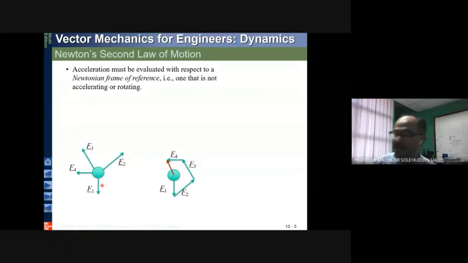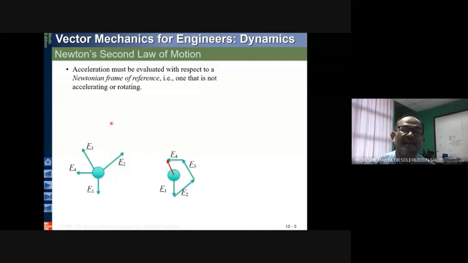This figure shows the particle, and this particle has different forces acting onto it.